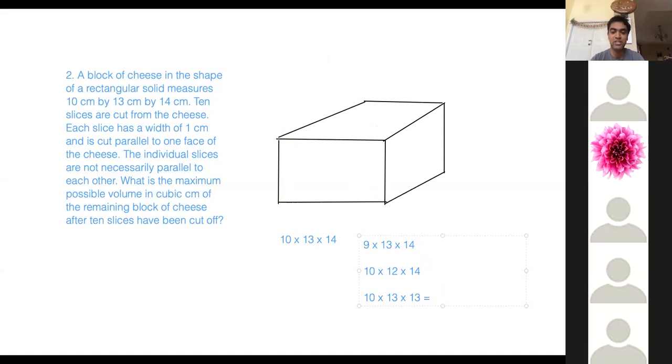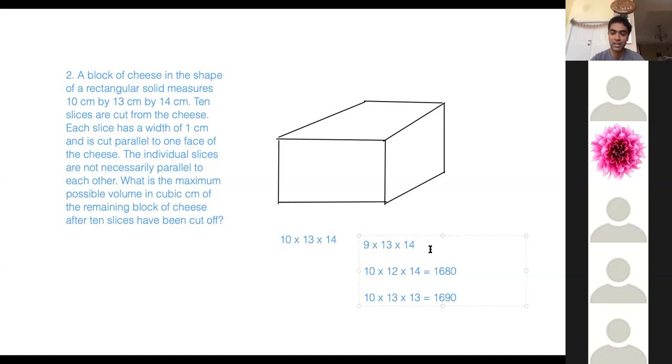What is 10 times 13 times 13? 1690. Good, 1690. 10 times 12 times 14? 1680.